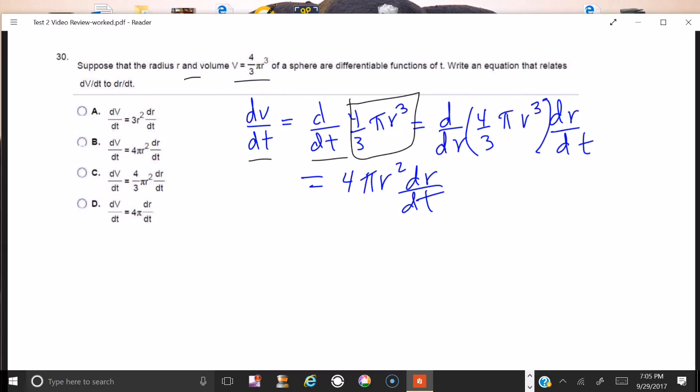What we have to do is take the derivative with respect to r first, and then use the chain rule and multiply it by dr/dt. Well, d/dr of 4/3 pi r cubed is 4 pi r squared. And of course we don't know what dr/dt is. It might be known to us or measured, but the final dV/dt is 4 pi r squared times dr/dt, which is answer B.